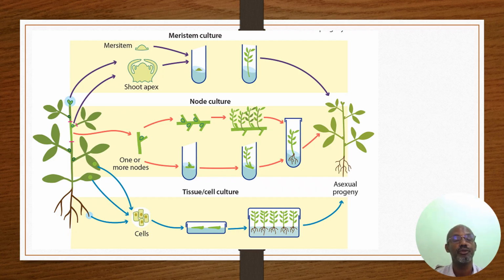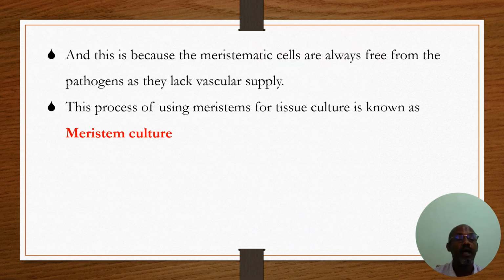In this case, the shoot meristem. The meristems are totally free from microbes. This is the essence of meristematic tissue culture. This is because the meristematic cells are always free from the pathogens and they lack vascular supply. Vascular supply means xylem and phloem, they lack. Substances come here just by diffusion. Diffusion will not bring the virus, the bacteria, and the fungi.